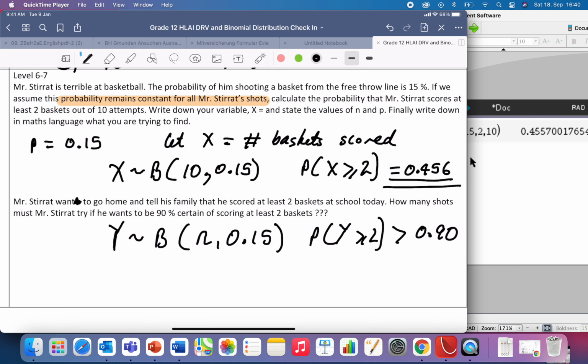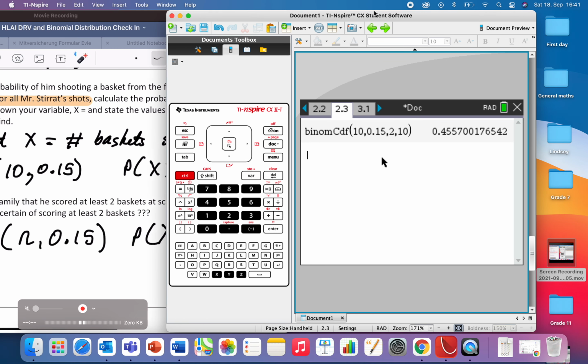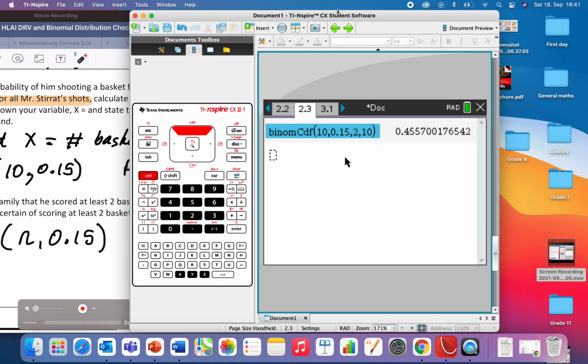Now that's quite a bit of a statement here, but actually once we translate it into the calculator notation, it becomes quite easy. So back on the calculator, we go up, up, bring this down, and we need to change the number of shots to something bigger. Should we try 20 shots? And then this changes from 2 to 20, of course.